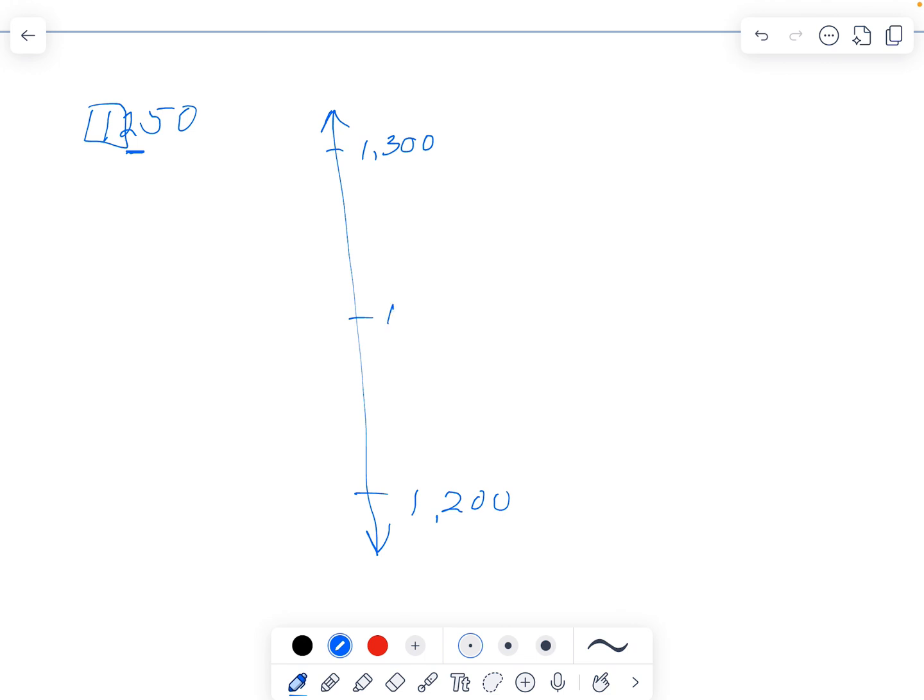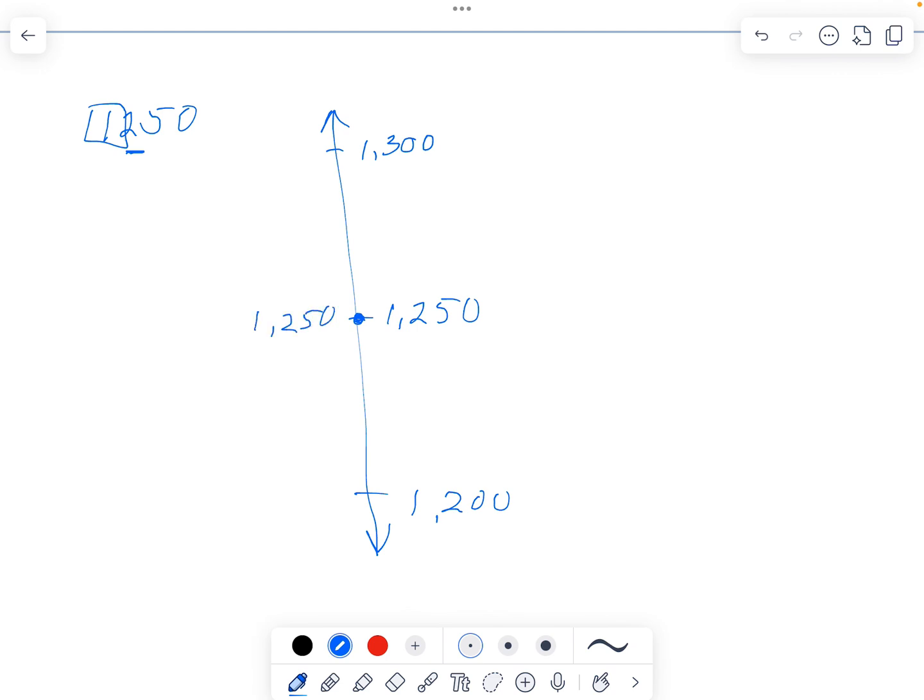I get 1,250. In this particular case, 1,250 is our midpoint. 1,250 is the number we are rounding, so it's going to be right on the midpoint.